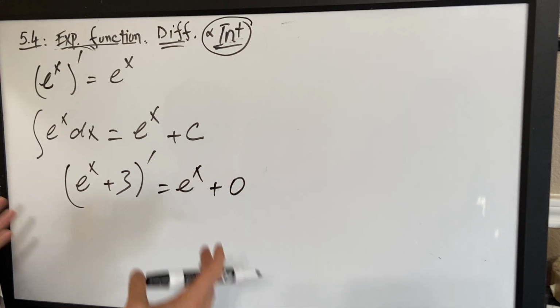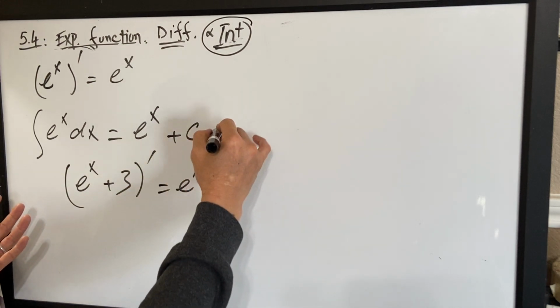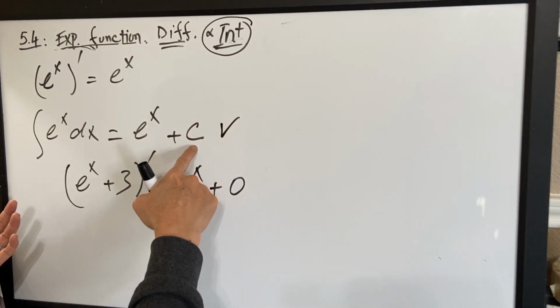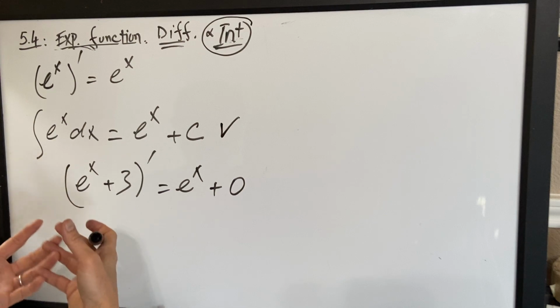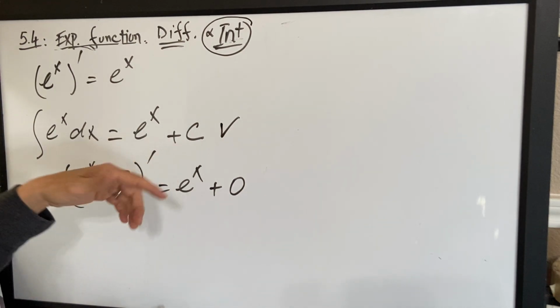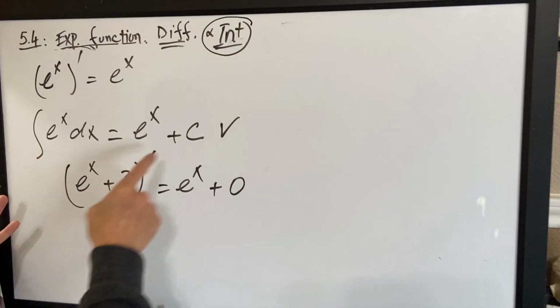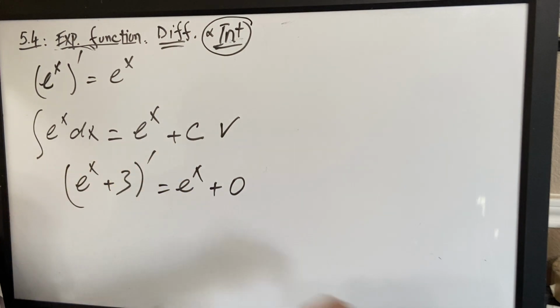There we go. But if you want to go back, you have to add c. You have to be mindful of c, because when you are dealing with integration, a constant differentiated gives you 0. Therefore, when you convert back, you have to be mindful of that c.